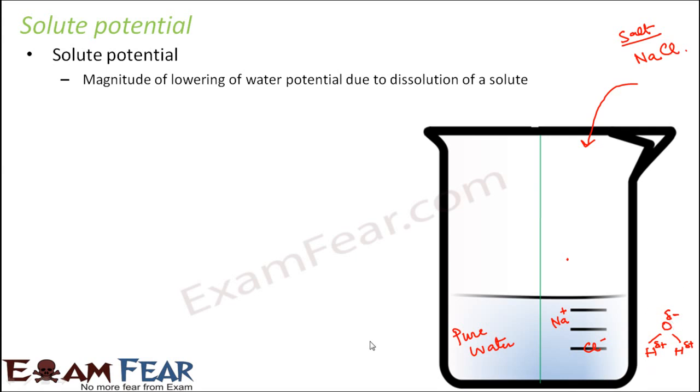Now as soon as Na+ and Cl- are present inside the solution, Na+ is surrounded by all the negatively charged oxygen, that is the delta minus. Similarly, all the delta plus, that is the hydrogens, will surround Cl-.